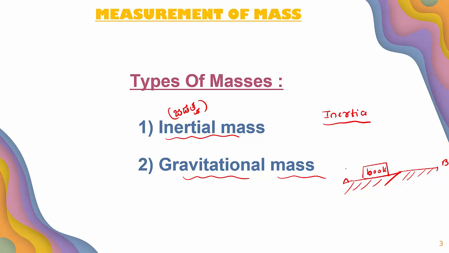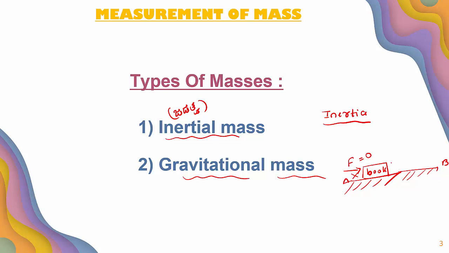No, we should apply force to move the book. If I do not apply any force, then the book is always at rest. That means this book is opposing a change in its position until force is applied. Is it clear? Only when we apply force does its position change. Otherwise, the book remains in its initial position.